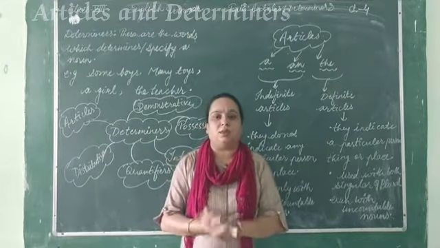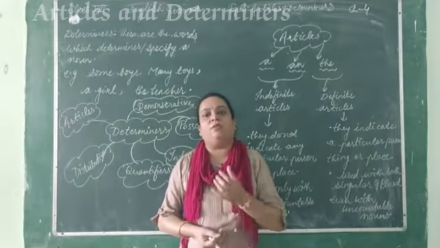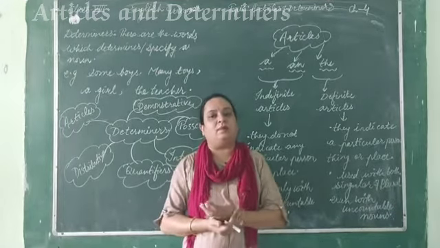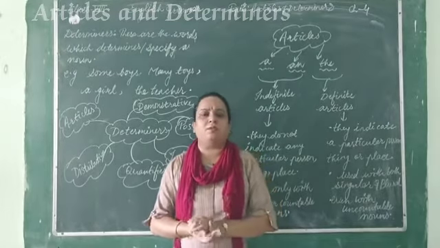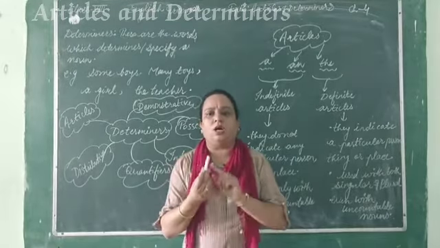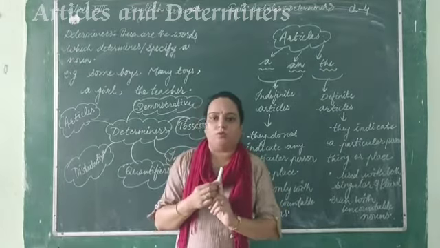And what is a determiner? Determiners are the words which determine a noun, which fix a noun, which tell us something about the noun, right? For example, I am speaking of a chalk. So a chalk, is what determiner here, and chalk is what noun, right?